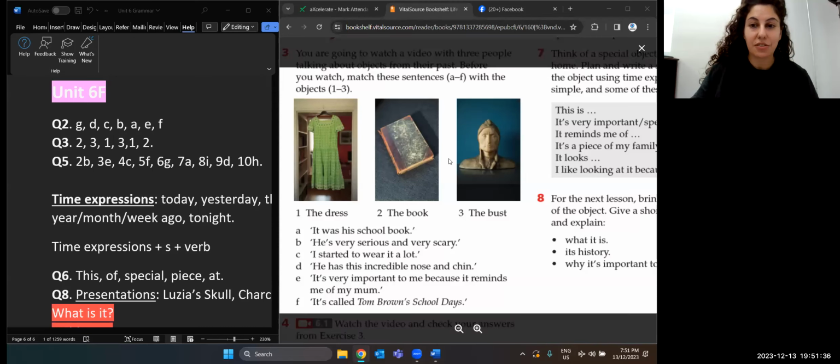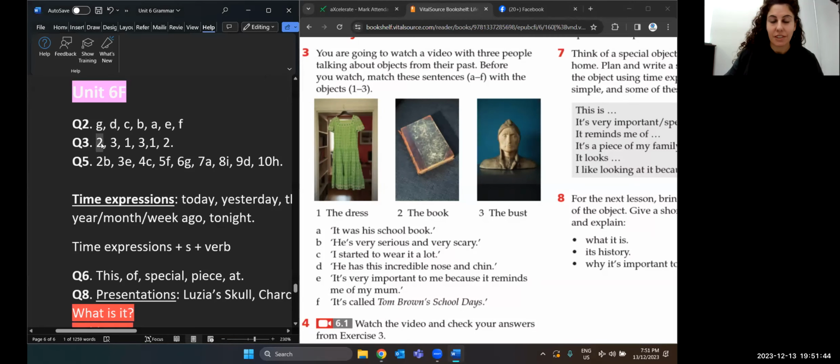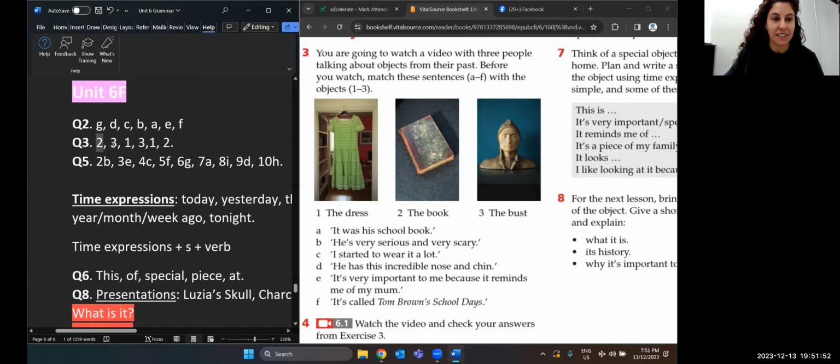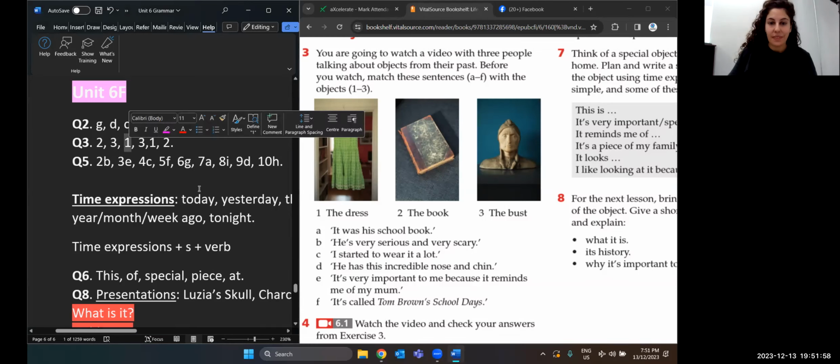So the three objects, which sentence do you think it was his school book? 2, the book. He's very serious and very scary. 3, the Dante object. Yeah. I started to wear it a lot. 1, the dress.